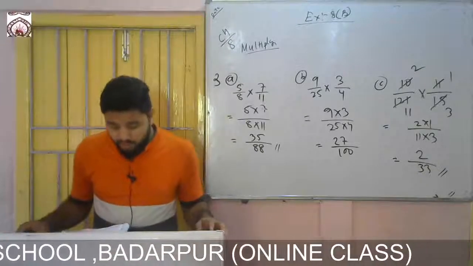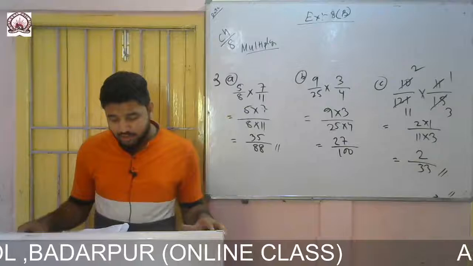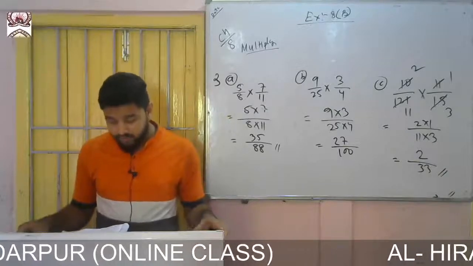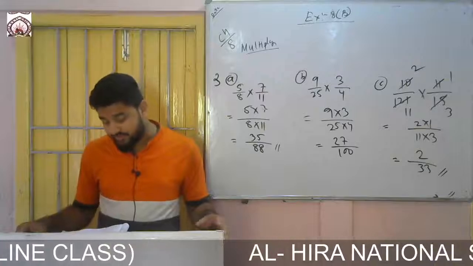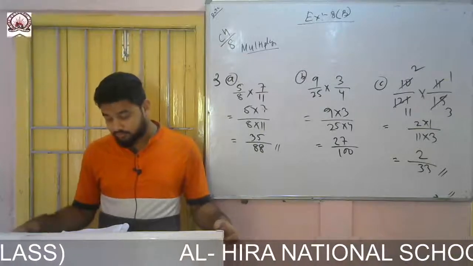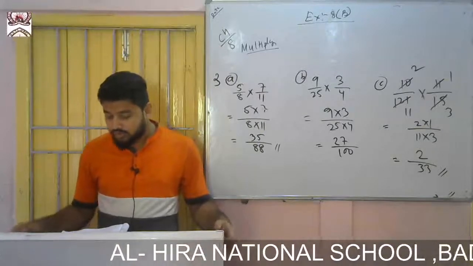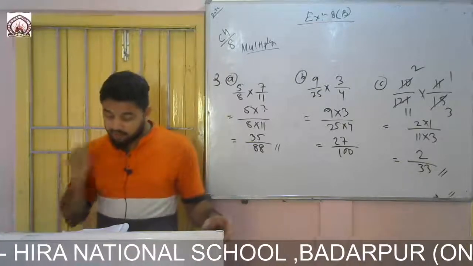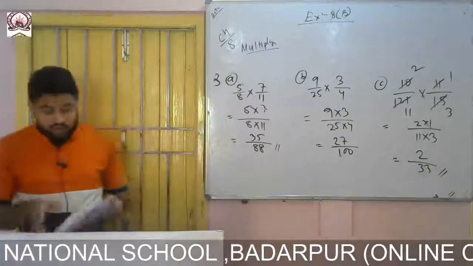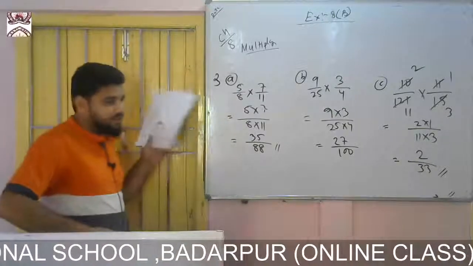Now come to question number 4. 8 by 9 into 27 by 16. Okay. And 3 by 5 into 21 by 12. 5 by 4 into 16 by 15. So see question number 4.